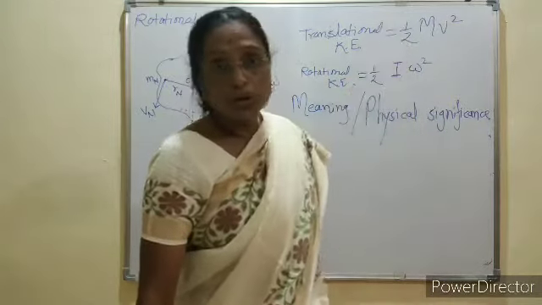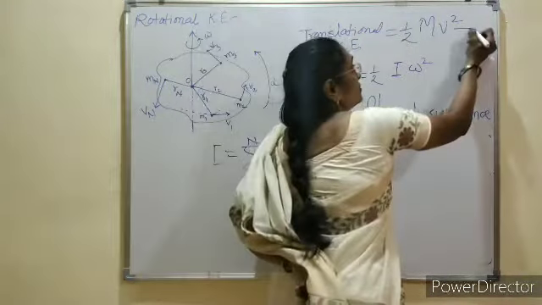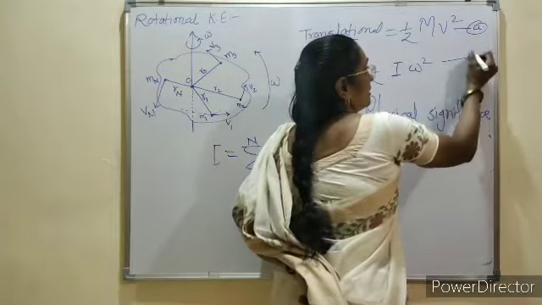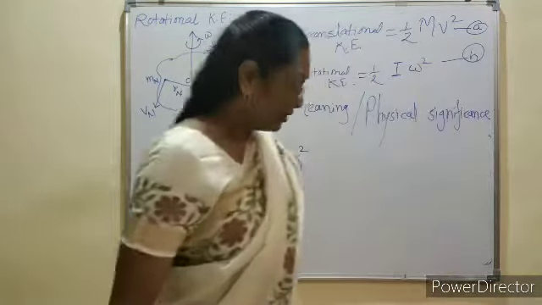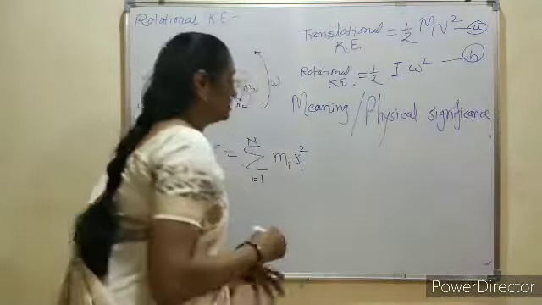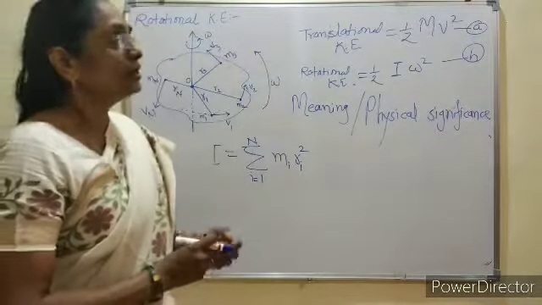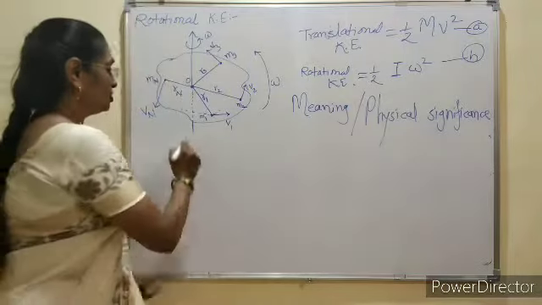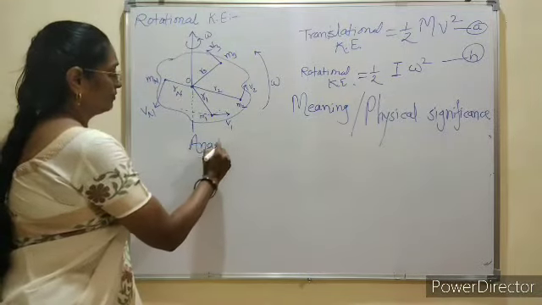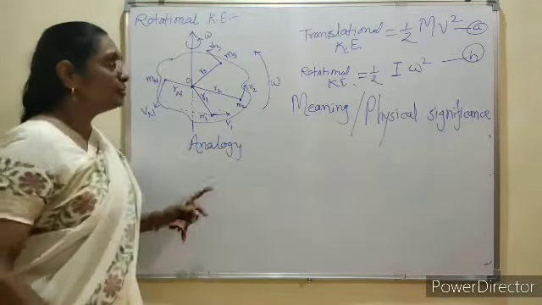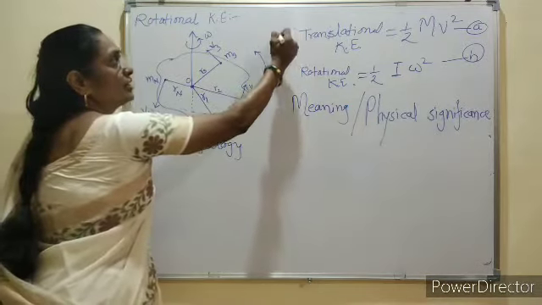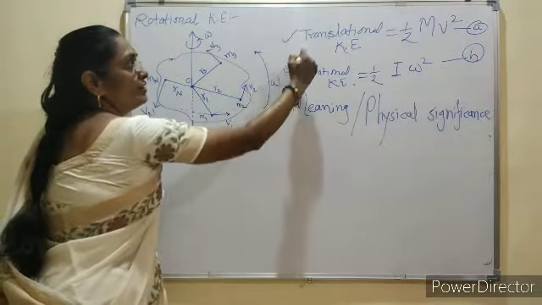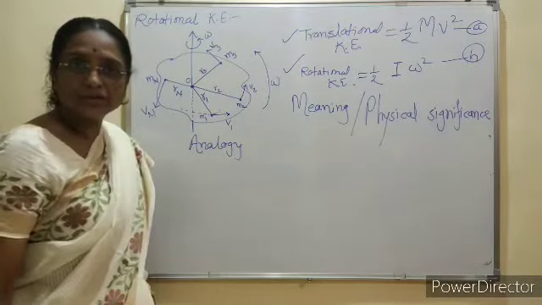So there are now two relations. First is A, second one is B. From these relations we can write the analogy between translational kinetic energy and rotational kinetic energy.